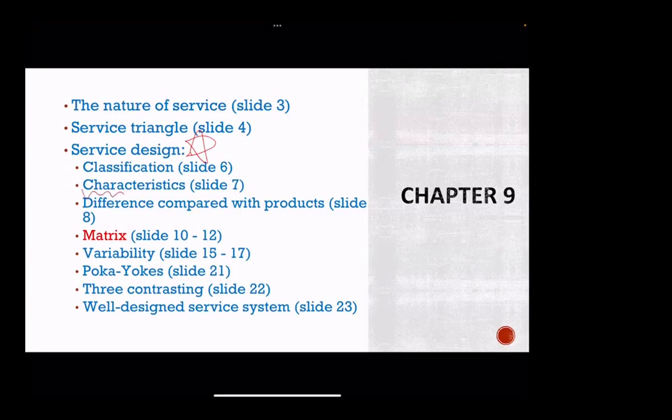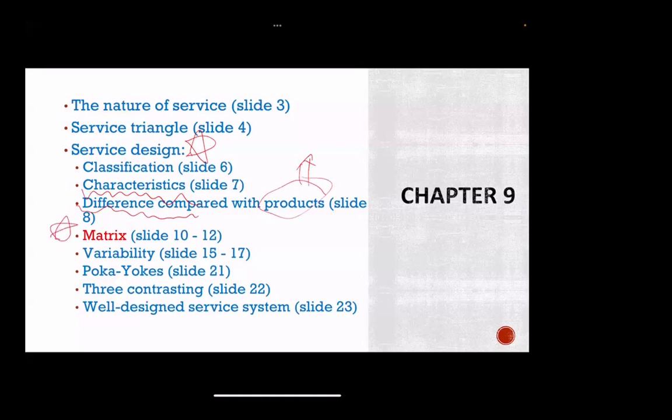And also the characteristics of service, which is on slide 7. Another thing you need to look at is the difference compared with products, which means the manufactured goods, the physical goods, which is on slide 8.